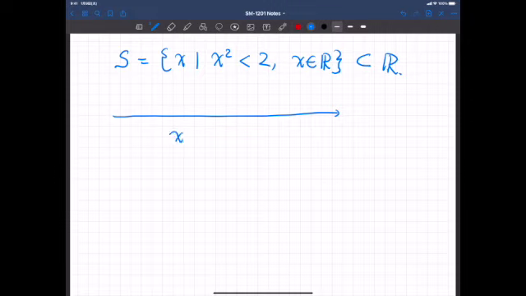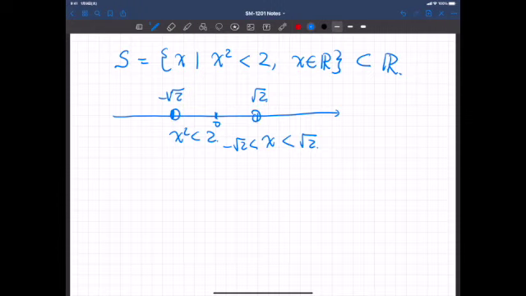So x squared is less than 2. So that means x is between negative square root of 2 and square root of 2. So if this is 0, this is negative square root of 2, and this is positive square root of 2, then this subset represents something like this open interval.